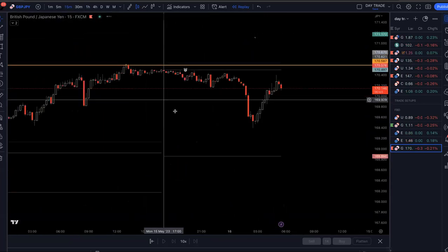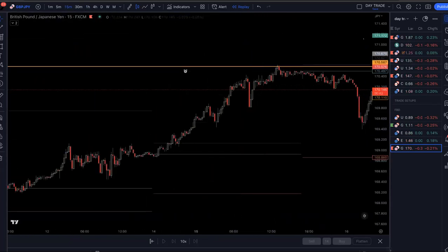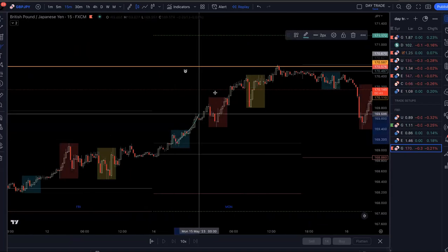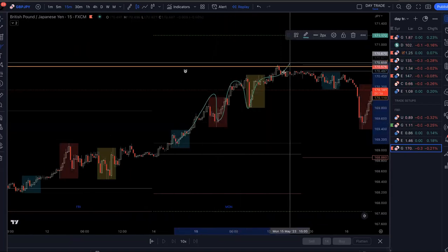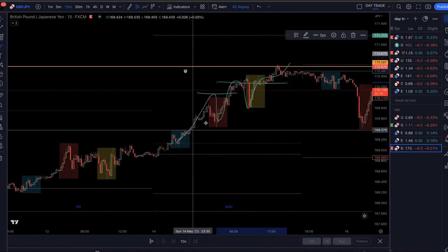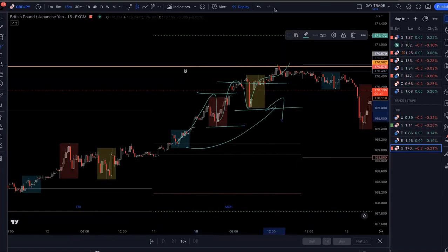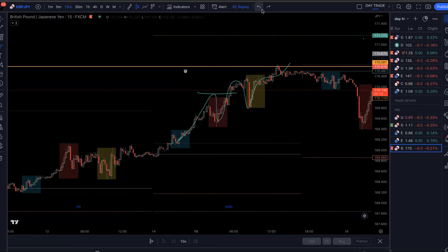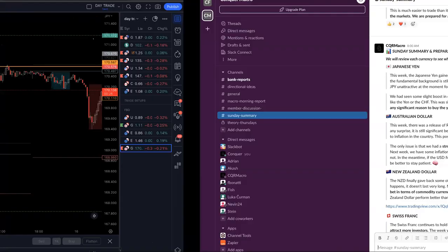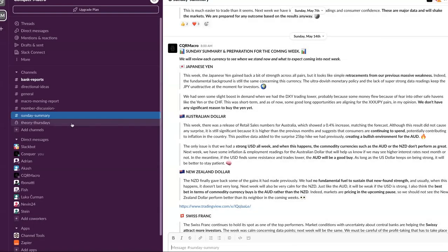If we drop down to a 15-minute chart, these are the scenarios where all of you are looking for when we have those strong pullbacks and continuations, breaking highs, protecting lows for a clear bullish trend. But to be able to spot these clearly and get the best opportunities, you need to understand the fundamental drivers to give you that edge.